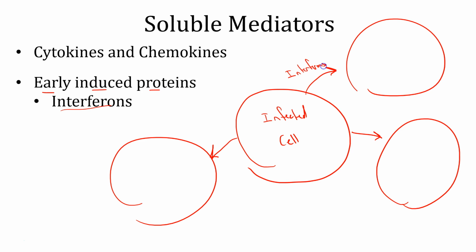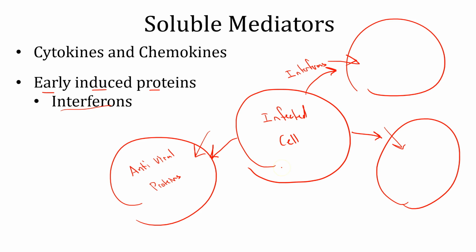There's interferon alpha, interferon beta, interferon gamma. There's a lot of different interferons. But the most notable thing that they would do is go to those neighboring cells and tell them to start producing antiviral proteins. Basically, an infected cell would send out interferons to tell the cells nearby, hey, I'm infected, protect yourself.